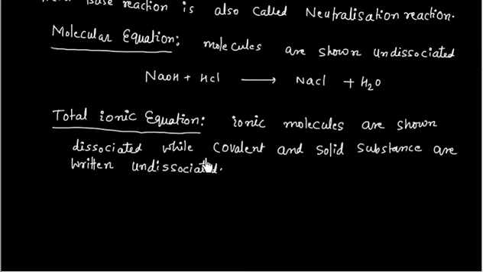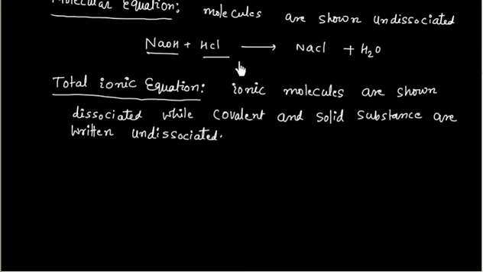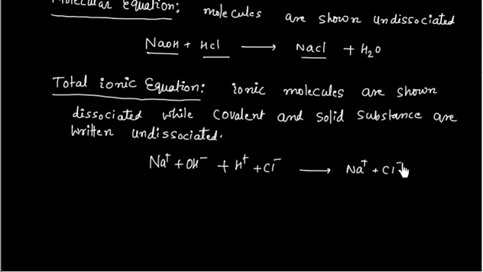So in the above case, NaOH and NaCl are ionic compounds, so we write Na+ and OH-. HCl we write as H+ plus Cl-, and NaCl we write as Na+ plus Cl-, and H2O is written simply as H2O because this is a covalent molecule.